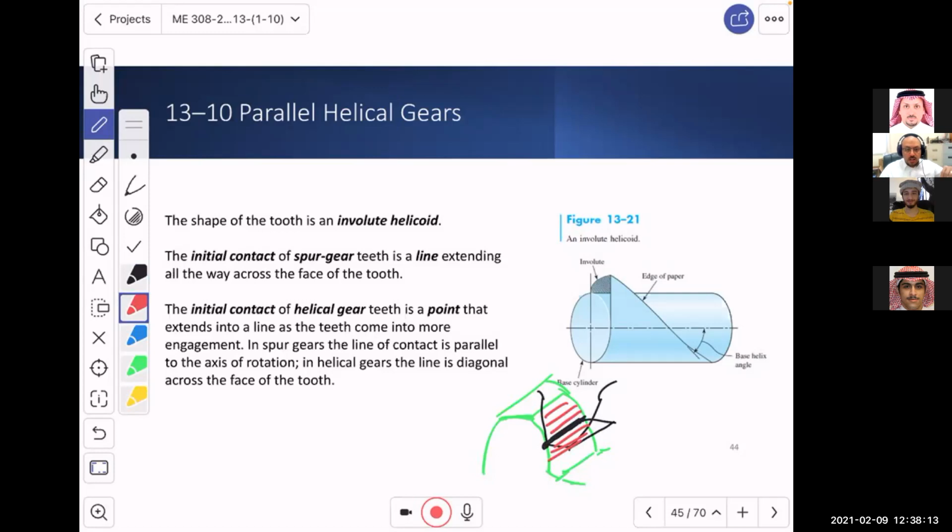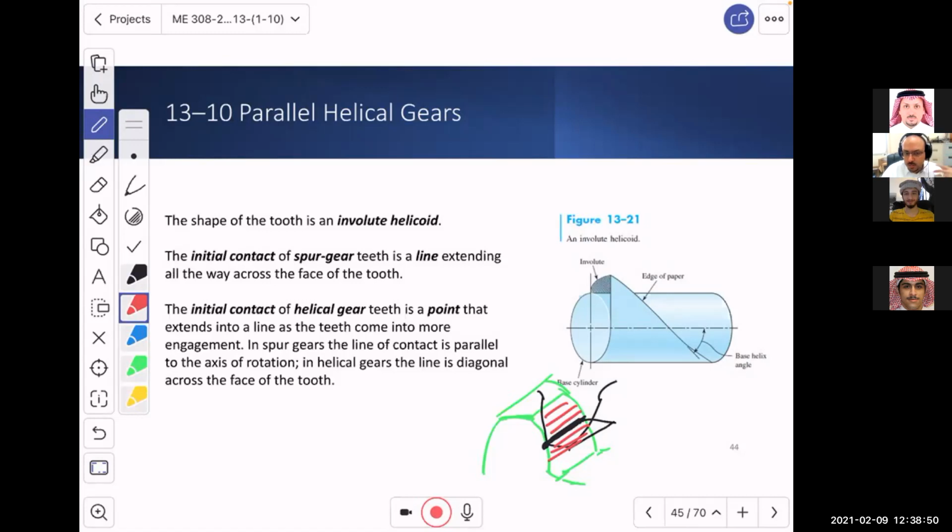Now, of course, ya shabab, this probably makes sense now to you why when we compare a spur gear with helical gear, there are differences in the smoothness, engagement, and so on. Because in reality, with a helical gear, the contact is one single point. It's not a line. The two gears, one of them is inclined this way, the other one is inclined the opposite way. And when they come, they touch at one point, and then they continue, and then they leave.